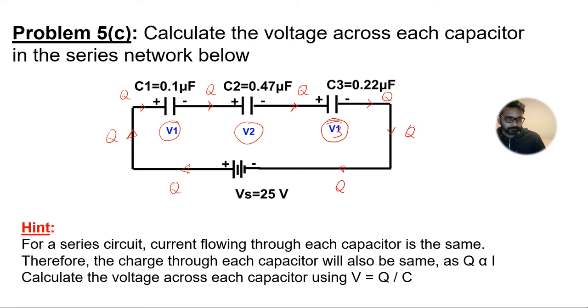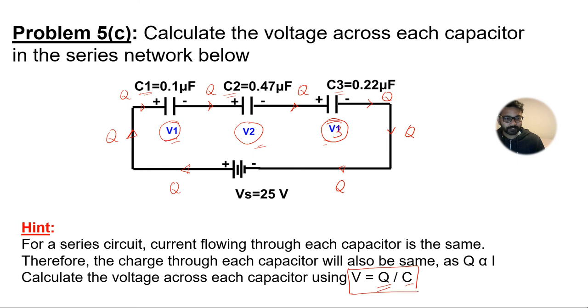Okay, and we already have the formula, and if we modify the previous formula, we end up getting voltage is equal to charge divided by capacitance. We have already calculated the charge and we know the individual capacitances. C1 is 0.1, C2 is 0.47 and C3 is 0.22 microfarads. So we can substitute one at a time and calculate the values of V1, V2 and V3.